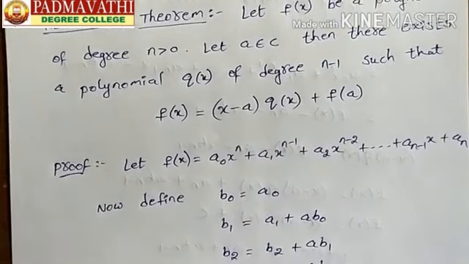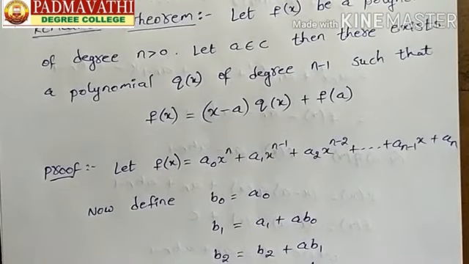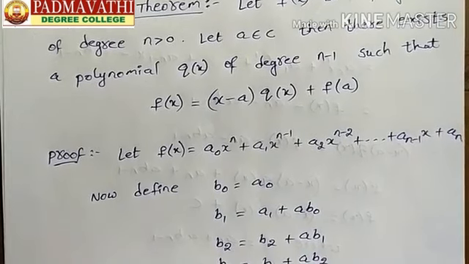Let f of x equal to, one polynomial expression I am taking here, a naught x power n plus a1 x power n minus 1 plus a2 x power n minus 2 and so on plus a n minus 1 into x plus a n. This is the polynomial expression we are considering, and we are defining another polynomial q of x with coefficients b0, b1, b2 and so on up to bn minus 1.